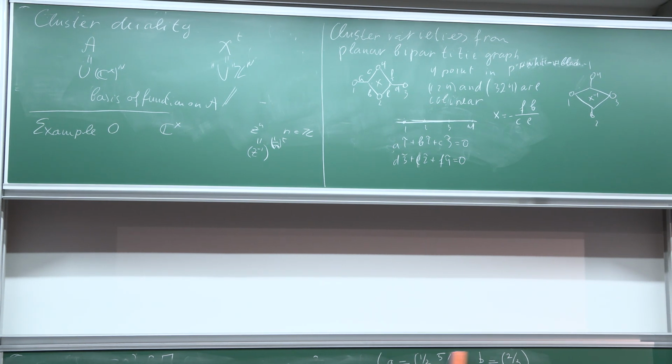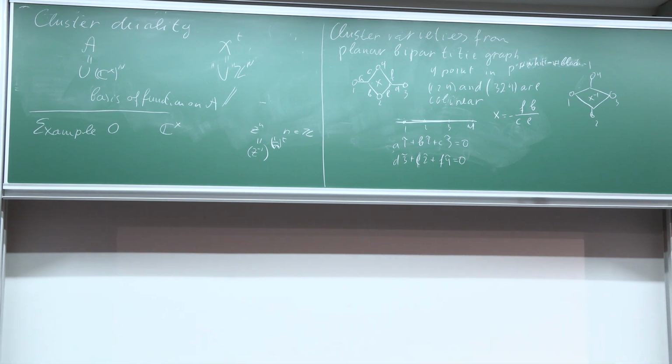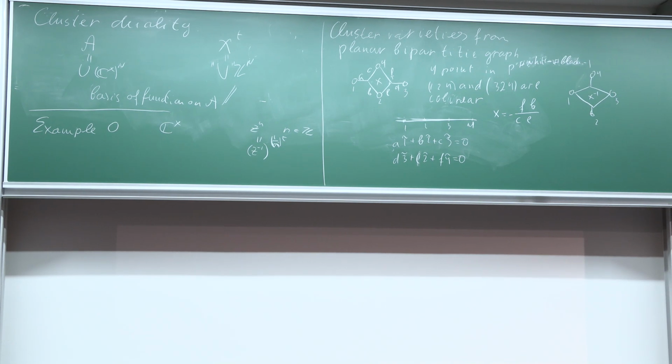Now, the example which, for me, was actually the starting point of all this business many years ago is the case where you have infinite graphs, but infinite and periodic. Suppose you have a Riemann surface, any Riemann surface which is triangulated.